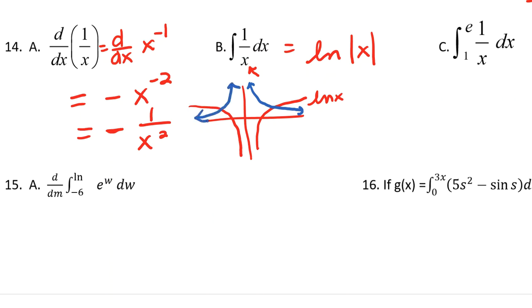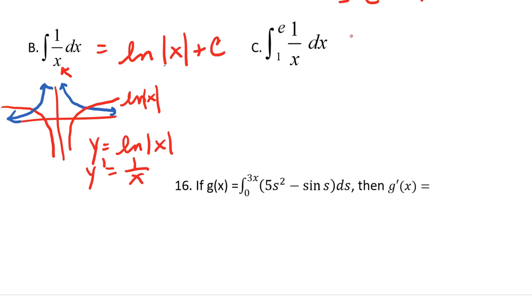So this is the point here. When you put this absolute value of x here, then we have 2 branches. So this is the graph of y equals the natural log of absolute value of x, and y prime is 1 over x for both branches. And then I have to go back here. Don't forget to put your plus c.